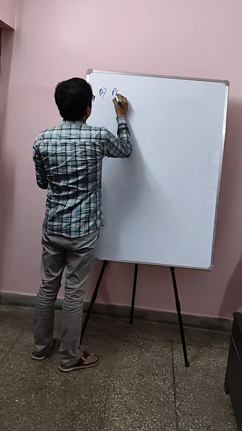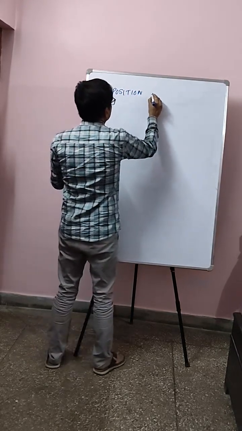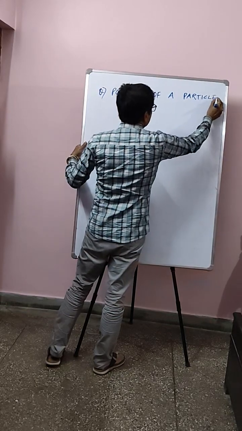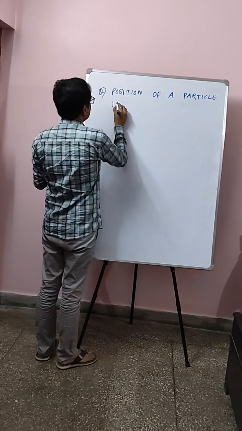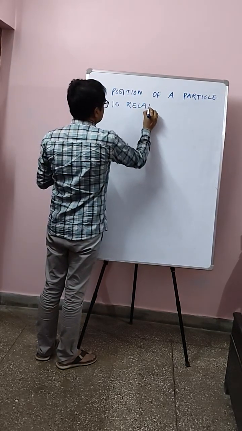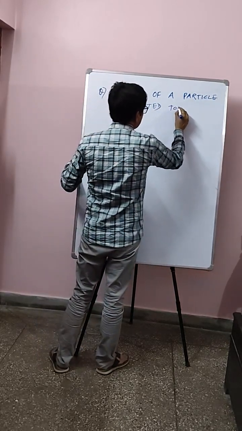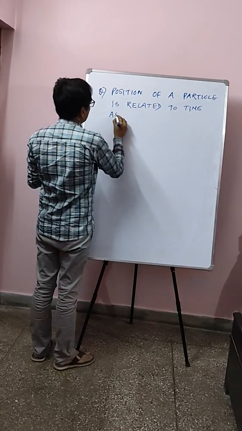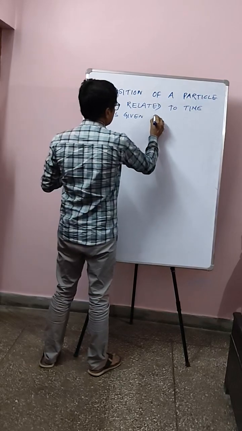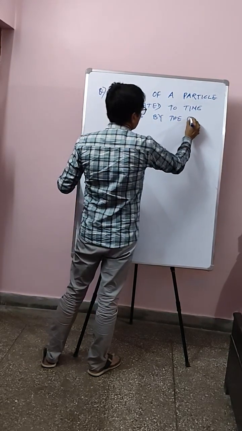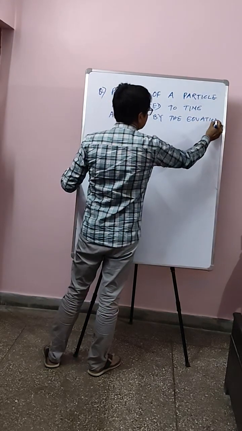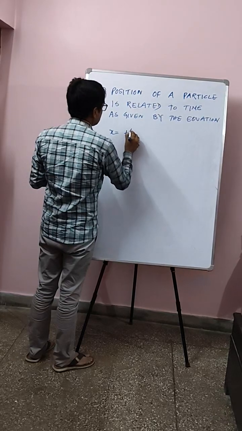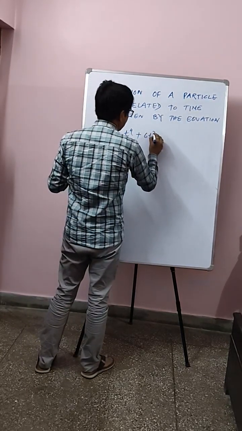Question: The position of a particle is related to time, and it is given by the equation x equals t to the power 4 plus 6t cube plus twice t.